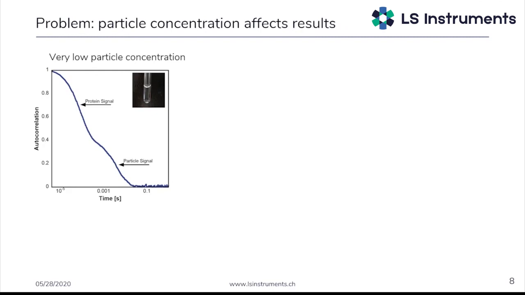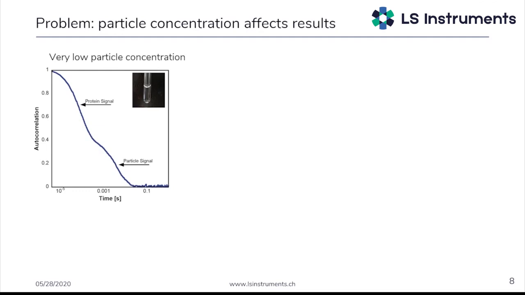If we conduct these experiments as a simple black box experiment, we won't even notice this. If we look at the correlation function, we see that there are two decays, but actually obtaining accurately the particle diffusion coefficient in this case is not always straightforward and can result in rather large systematic errors.